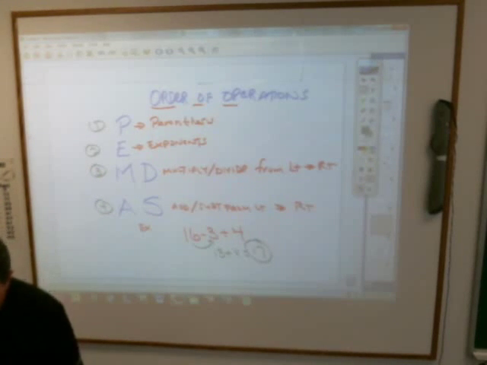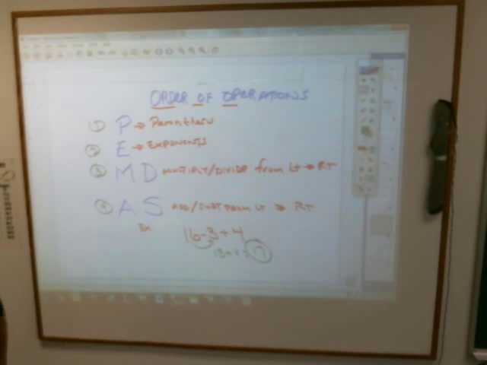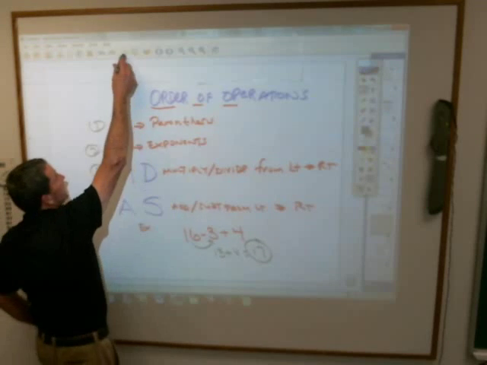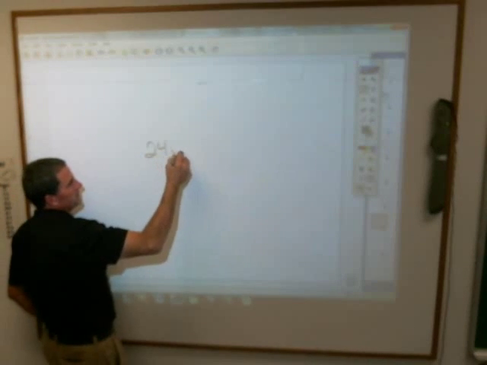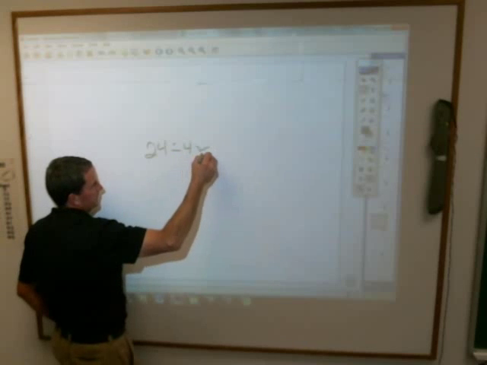Another example might be this. 24 divided by 4 times 3.